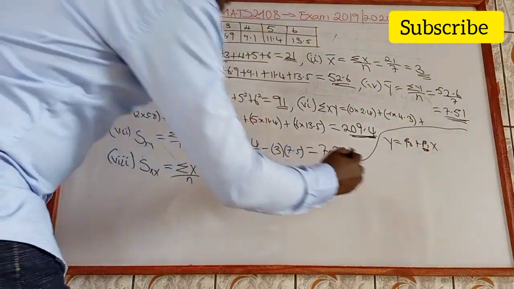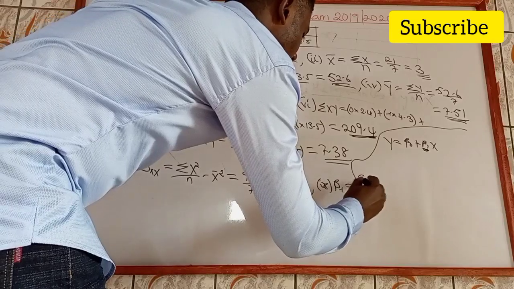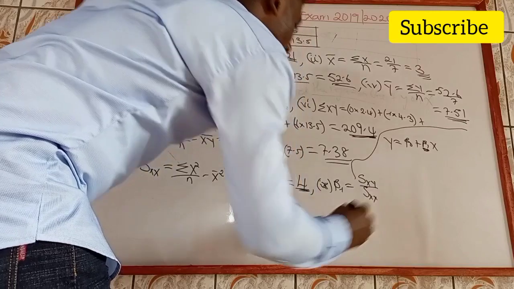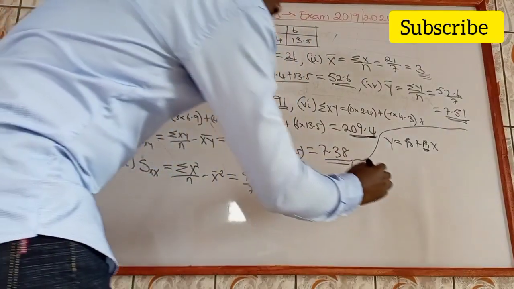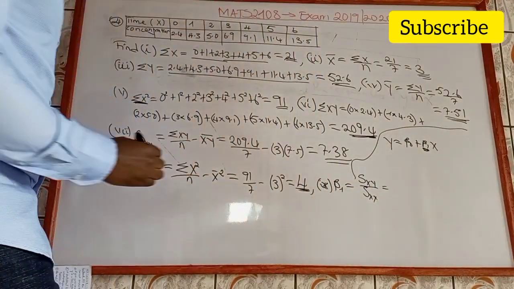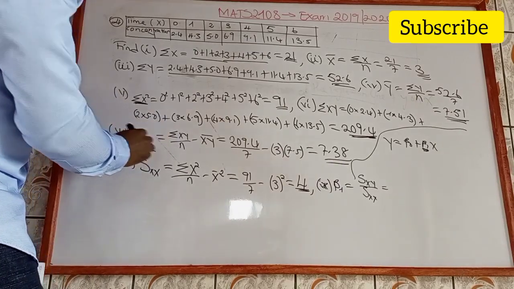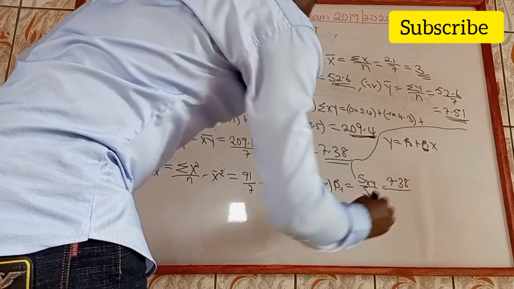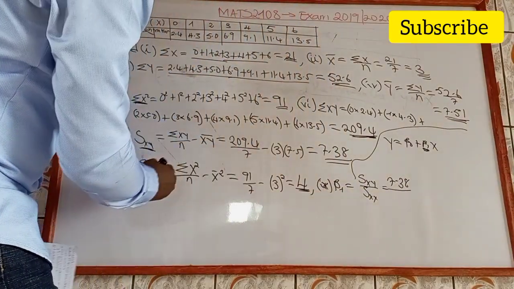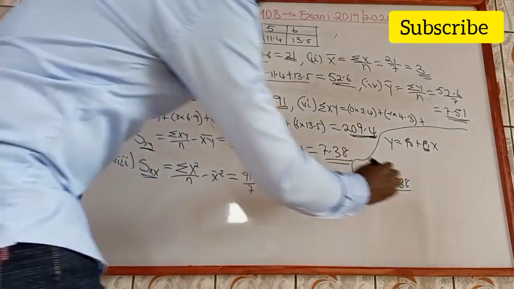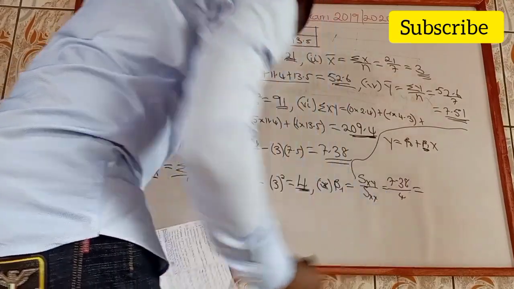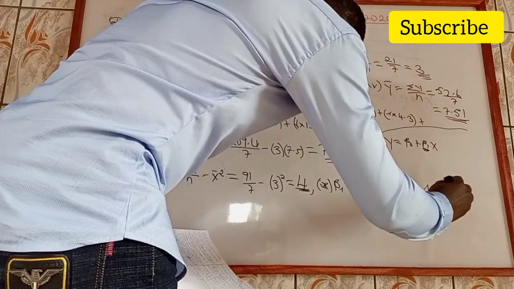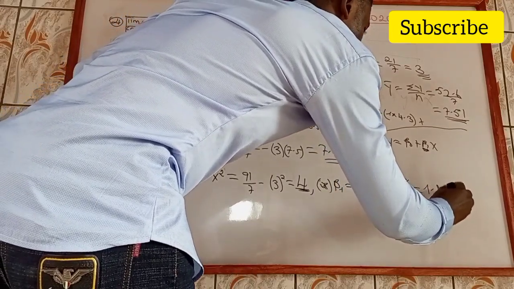We know that it is the covariance of x and y divided by the variance of x. So the covariance that we just calculated, 7.38, divided by the variance of x, which we also just calculated as 4. Simplifying this gives us 1.845.